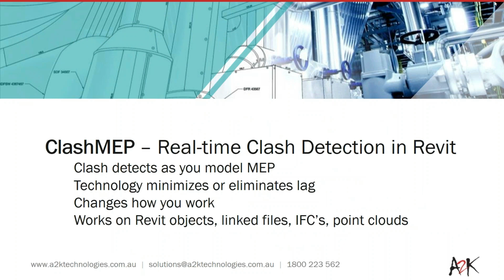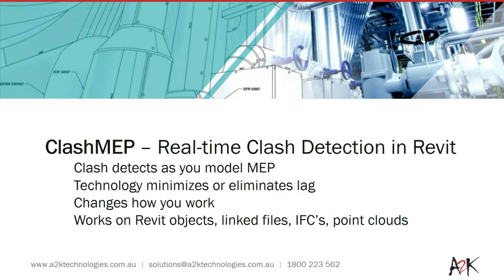All right, so moving along, ClashMEP, if you're not already aware, just a quick summary of what it is. It's, in short, a real-time clash detection tool that works as an add-in inside of Revit.